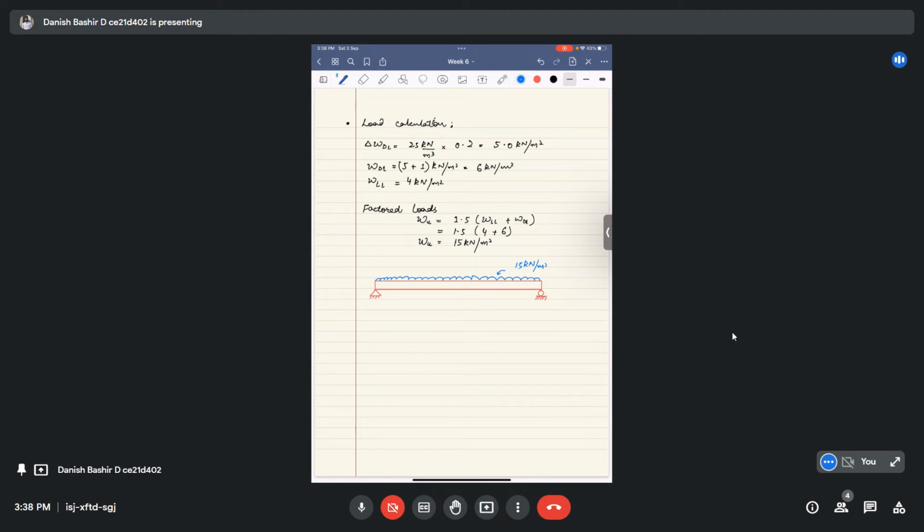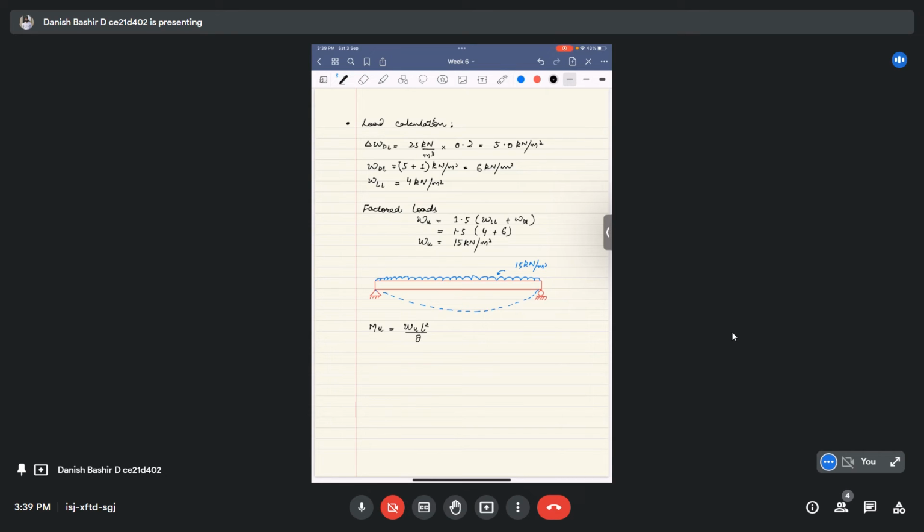As it's one-way slab action, it will predominantly bend in this direction. Everyone agrees with this? So we will have a maximum moment at the mid span. For the simply supported case, we will have a mid span Mu, the ultimate moment, coming as W L square by 8.